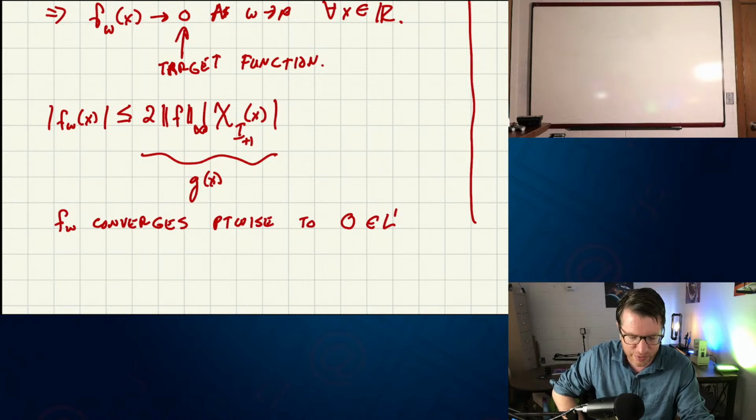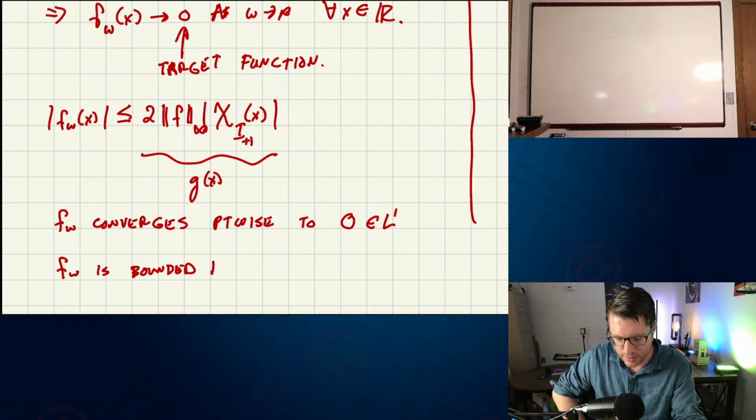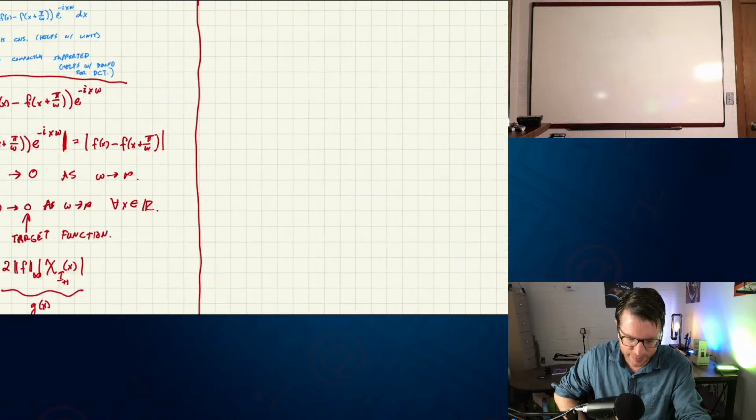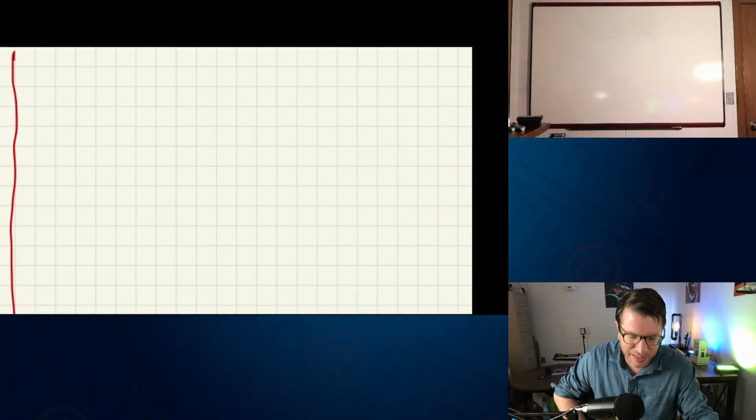And we have that f_ω is bounded by g of x, which is also in L1, or bounded by g, which is in L1. Okay, so great. So then we know that we can pass the limit through the integral.